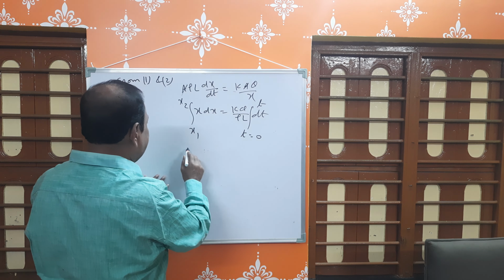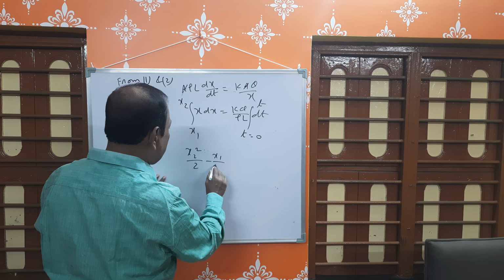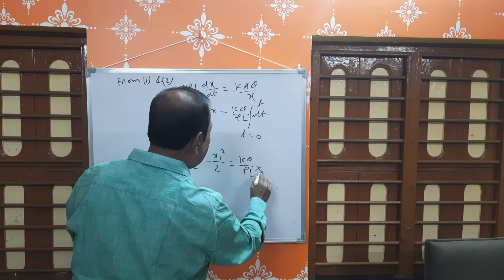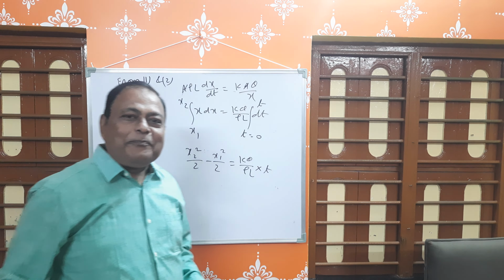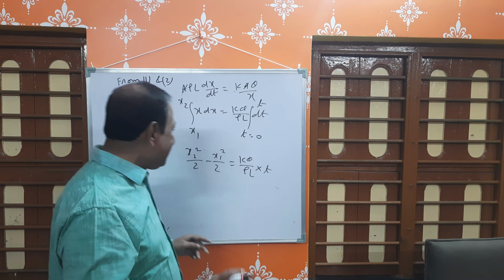So if you integrate it, you get x2 square by 2 minus x1 square by 2 equal to k theta by rho L into time. Suppose at the starting time no ice has been formed.